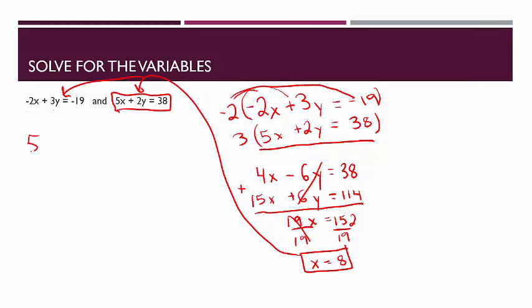So I have 5. Instead of x, we're going to put in 8 plus 2y equals 38. And I'll go through and simplify.